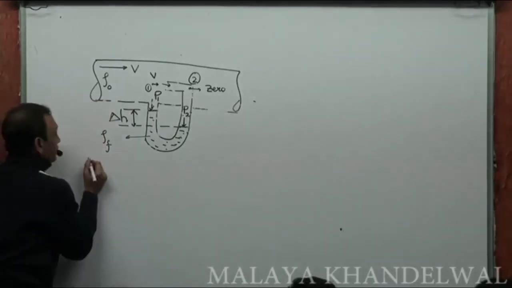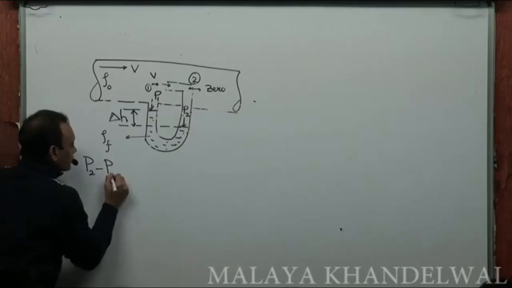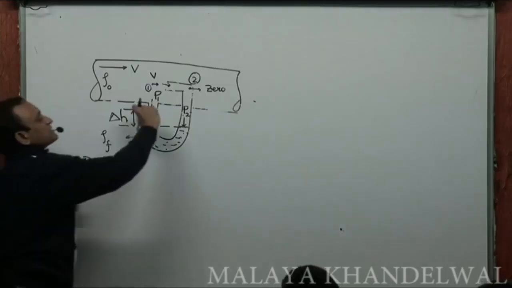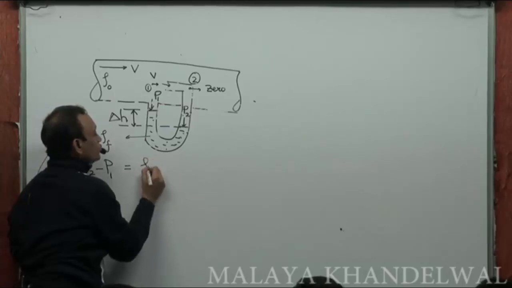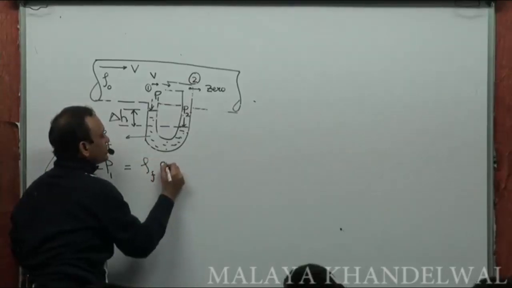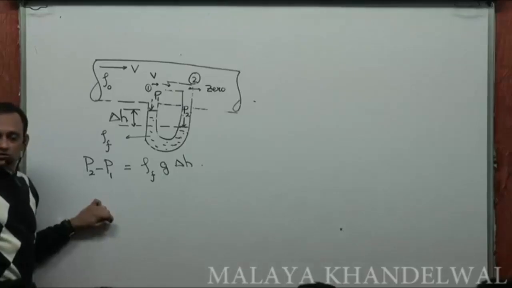Evidently, P2 minus P1, the pressure difference, is because of this differential height. So that must be equal to rho f g into delta H. That's P2 minus P1.